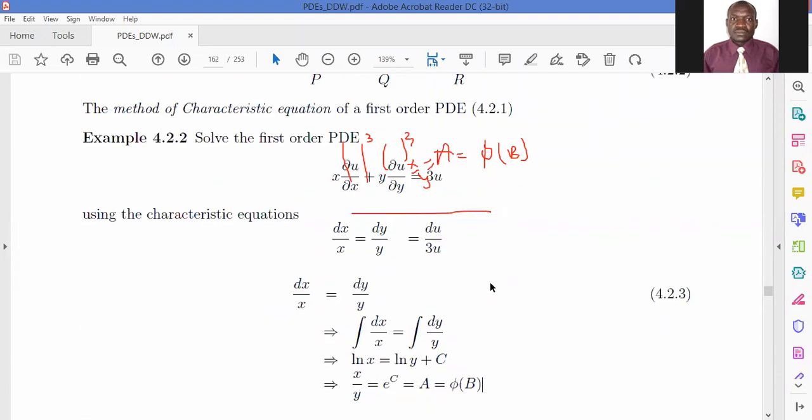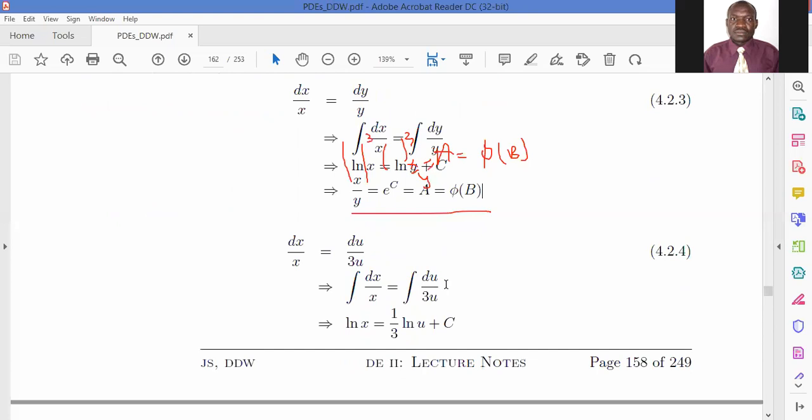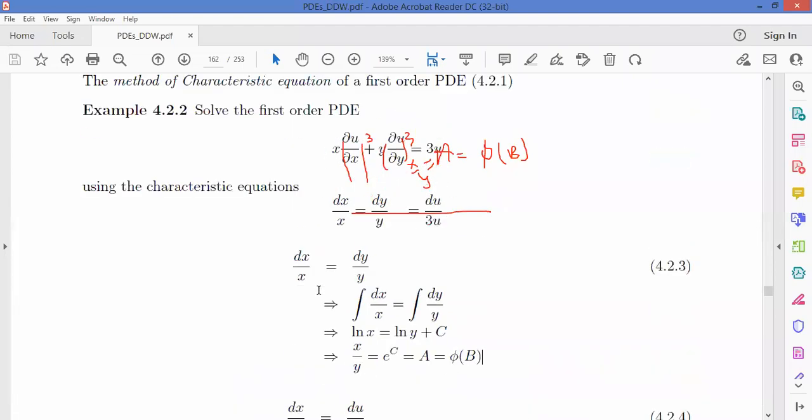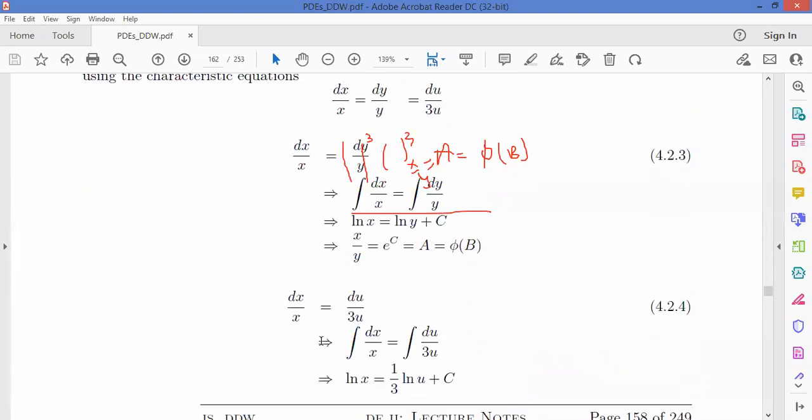It is to generate a link for this characteristic equation that was deduced from that. Since this is dx equal to dy, and here you have dx over x equal to du, the dx is a go-between the first system and the second system we are solving.